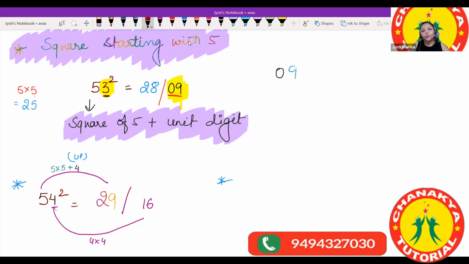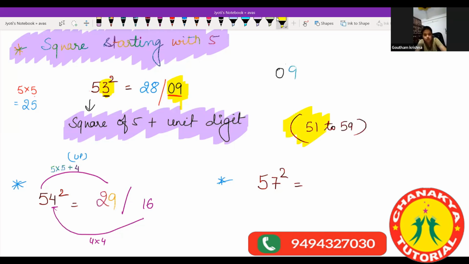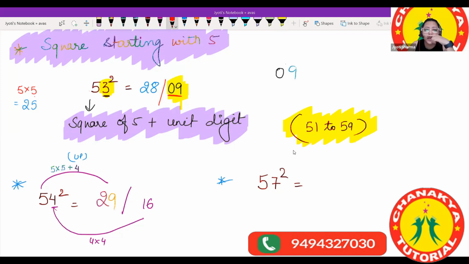Now, let's take another question. Let's say 57 square. So basically, this is for 51 to 59. Okay, it's very simple, 51 to 59. Okay, great. Wow, all of you are getting correct answer.